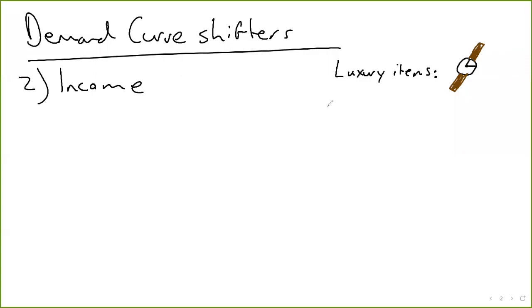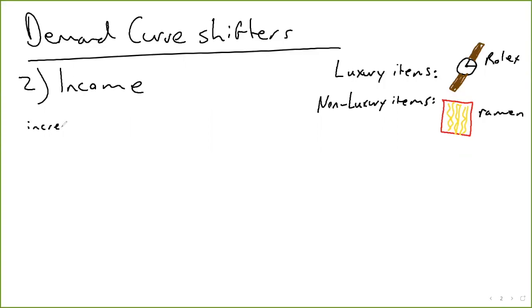And the opposite of that is non-luxury items. So something in this category might be ramen noodles. There's nothing luxurious about ramen noodles. So this is a pack of ramen.